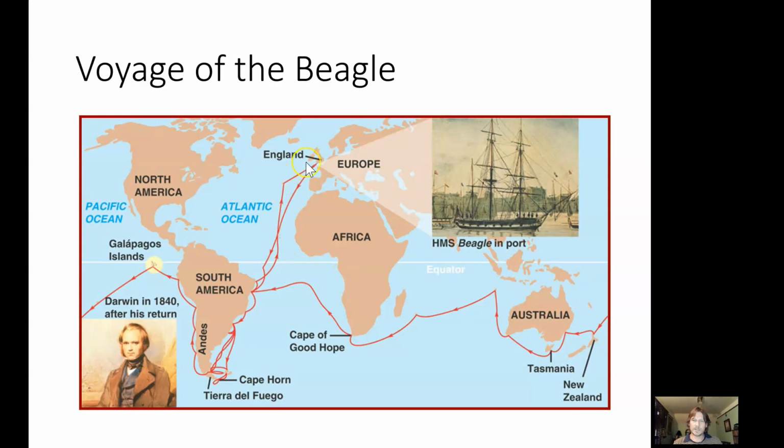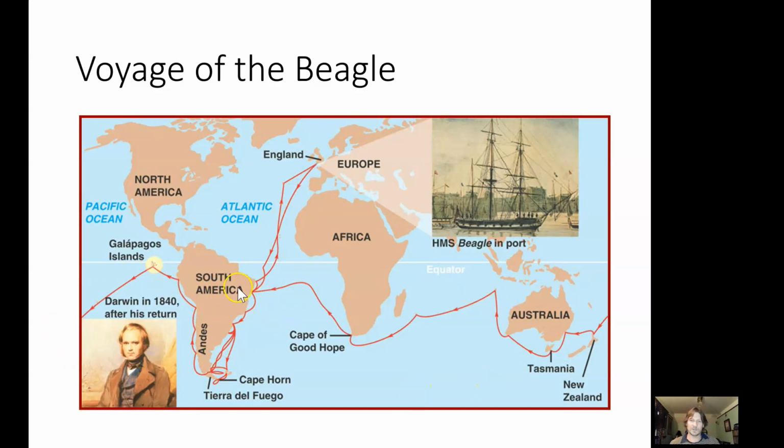He is influenced by a variety of people, and I can mention other people that had ideas of evolution, but when he gets on this boat and starts his voyage, he is not thinking about evolution. He's still pretty strict natural theology, just out of school, believing everything he's been taught. He's paid to collect specimens and send them back to London as they're exploring around the southern hemisphere.